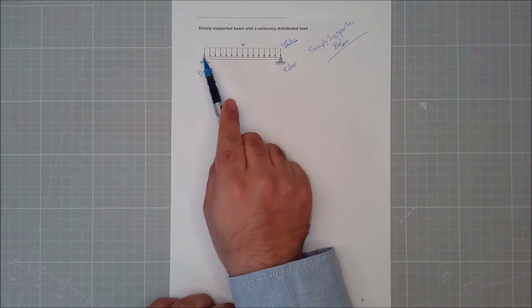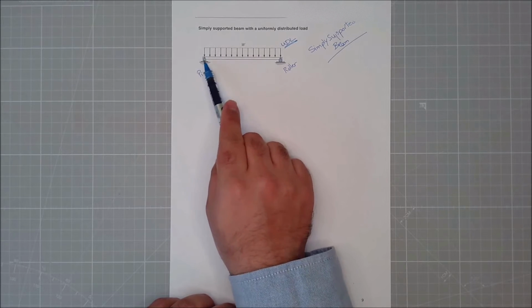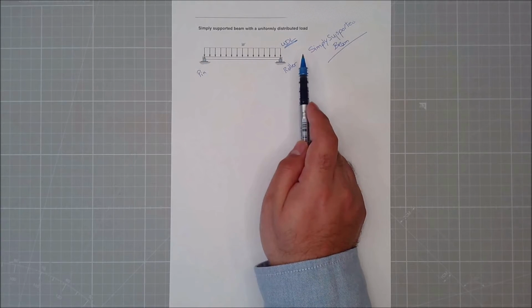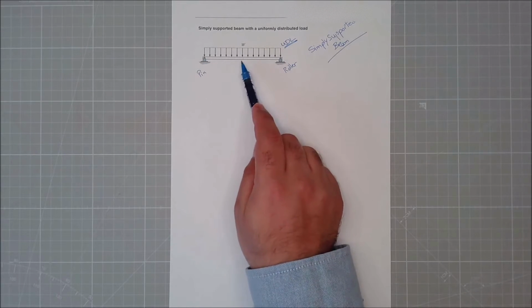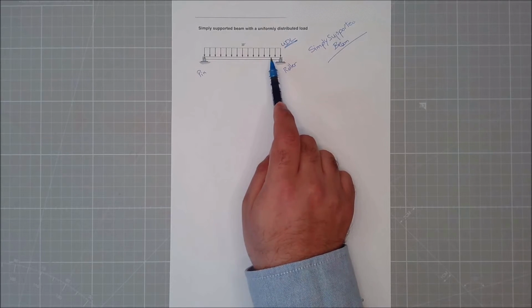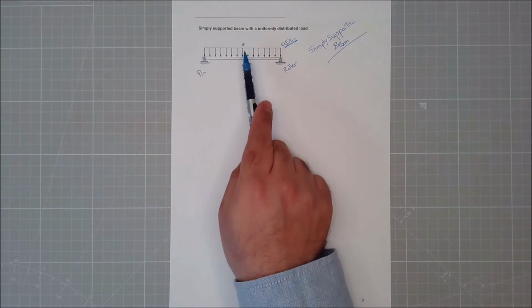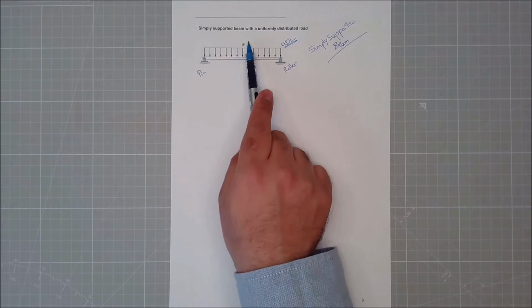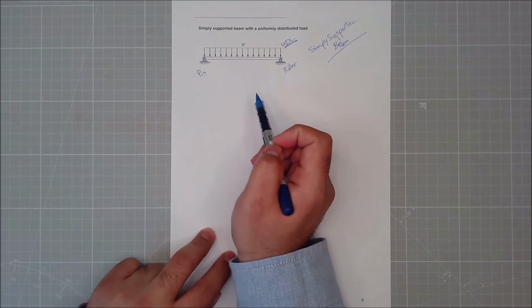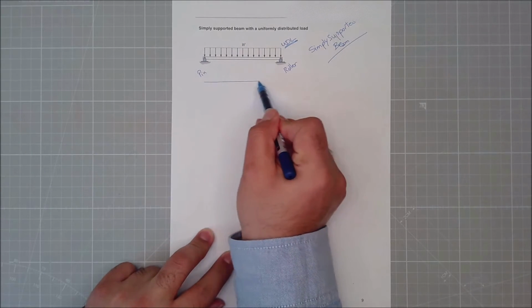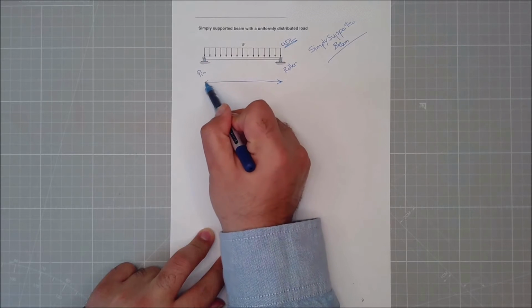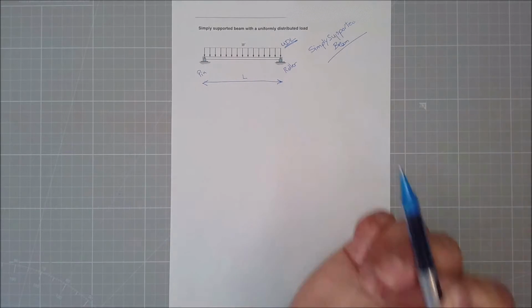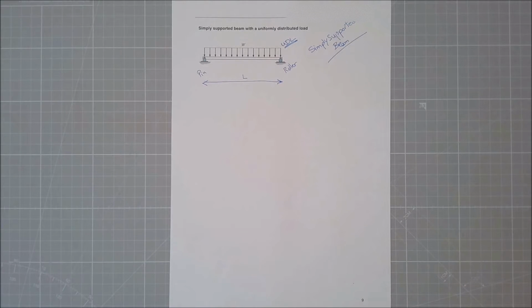So W is distributed uniformly from here all the way to here, so I can replace this uniformly distributed load with a single concentrated load, which will be whatever W is times the length. Let's consider that the length of this beam for now is L. It can be 5 meters, 1 meter, any dimension that you want.